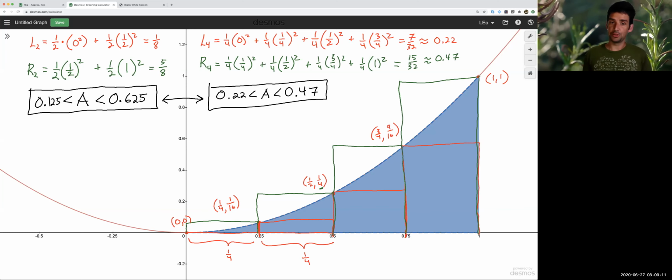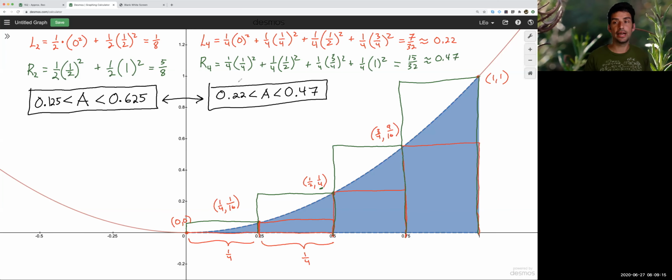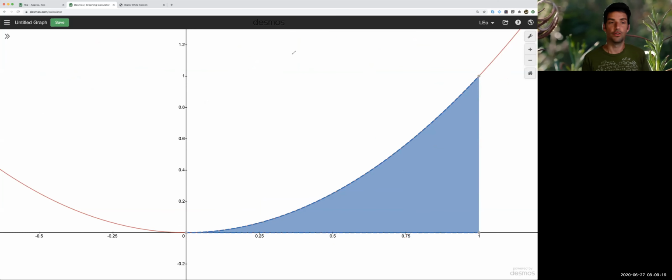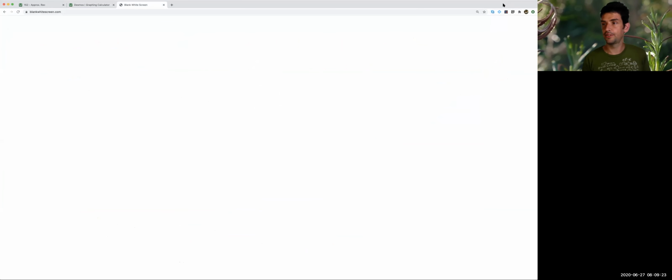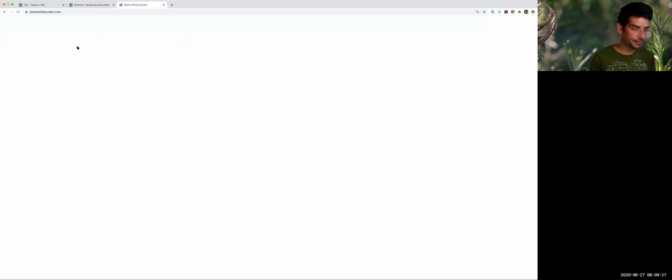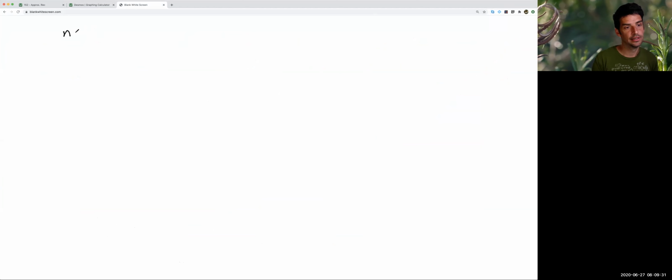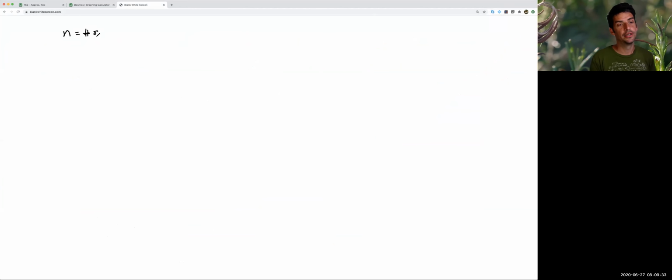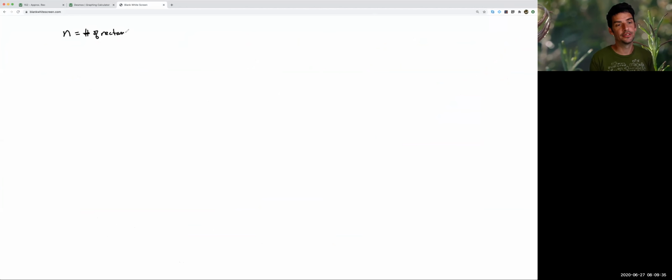I won't make you watch me do this for more rectangles, but something interesting happens as we do the same process over and over and over again. So let's let n equal the number of rectangles.